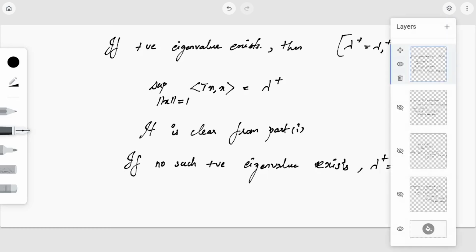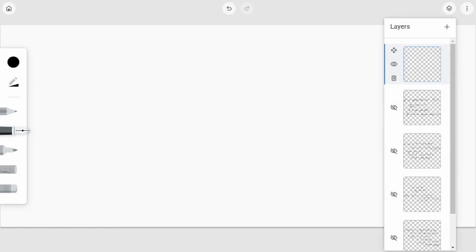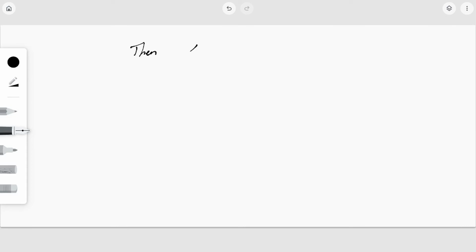In our expression there is no positive eigenvalue, means our inner product Txx will be equal to the summation of lambda i minus into the modulus of the inner product of x and ei, whole square, right? Only the negative terms will be there. And clearly the sum of all negative terms will again be negative. This will be less than or equal to 0, even though this is a square and positive, but this lambda i minus will always be negative.